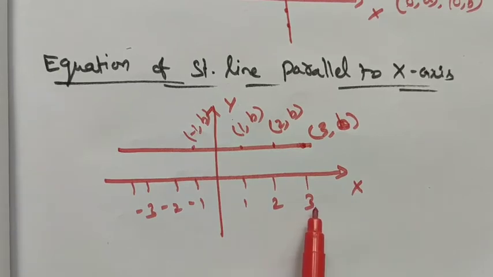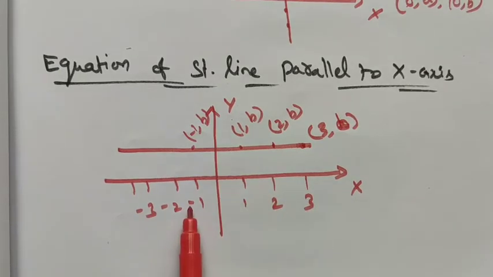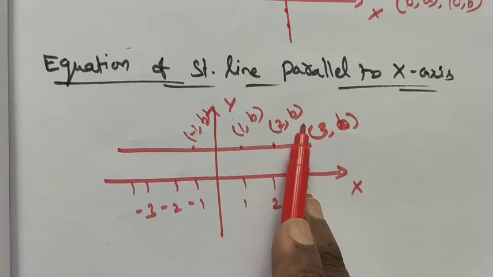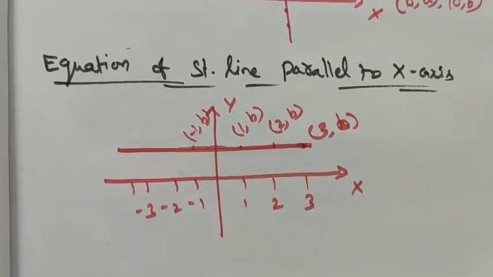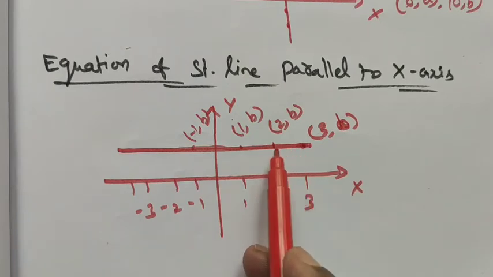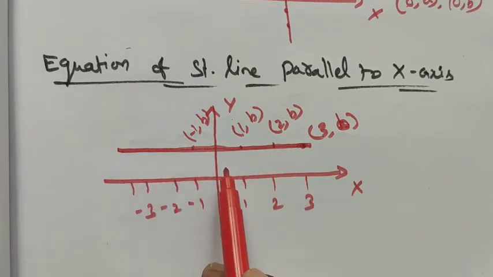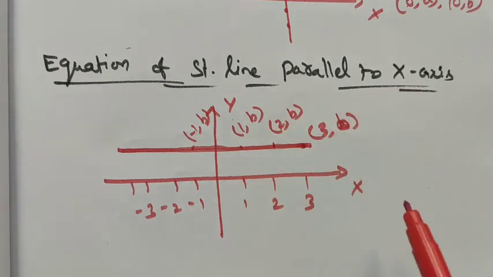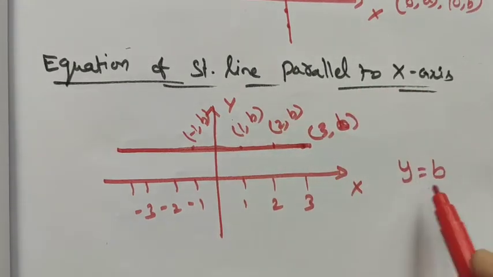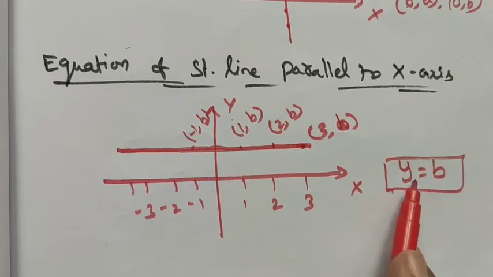Whenever the x values change but the y value does not change, that is, y is a fixed value, then only we get a straight line, otherwise it is not a straight line. So the equation of the straight line parallel to the x-axis is y is equal to b.